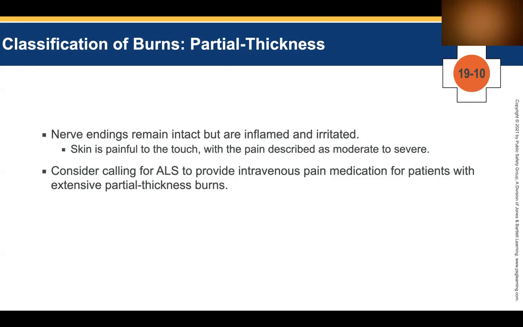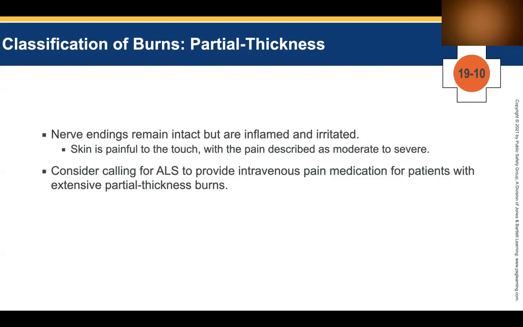Consider calling ALS to provide intravenous pain medications for patients with extensive partial thickness burns. Again, we're trying to determine the total body surface area, using the rule of nines, and how much is partial thickness.